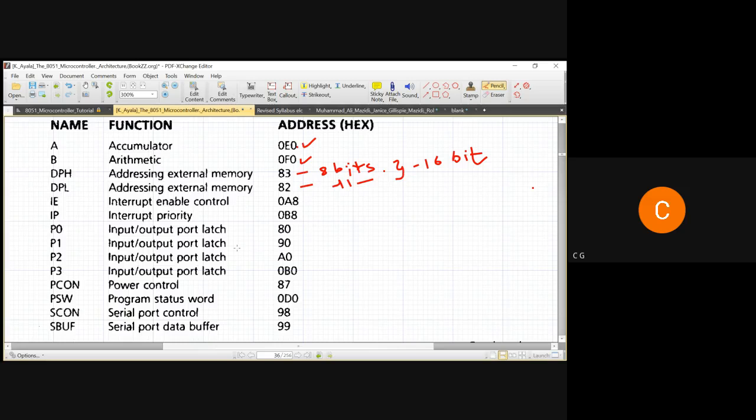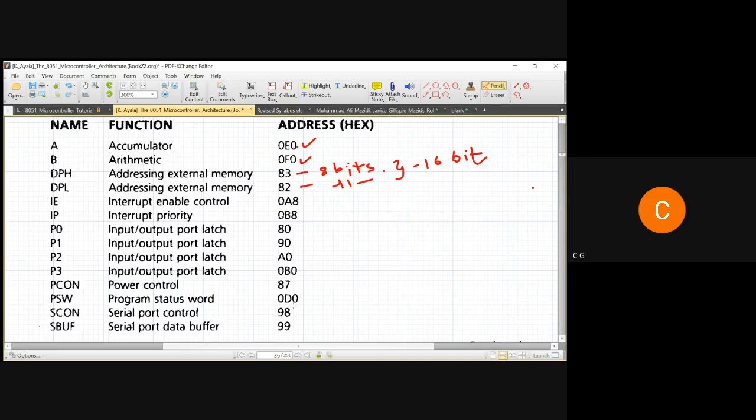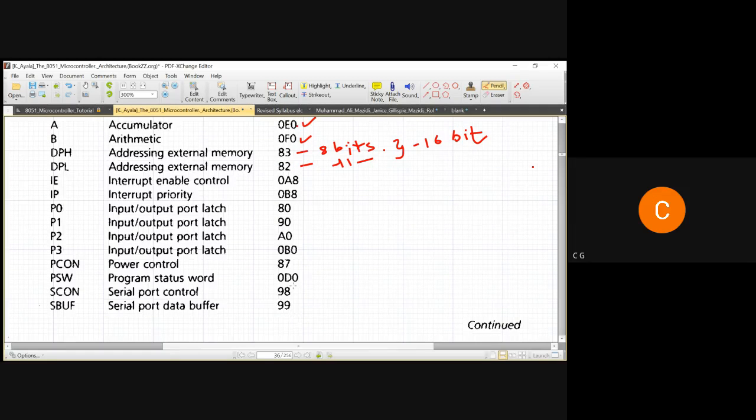Okay. Then we have the input output port latch. So this is P0, P1, P2, P3. These are at addresses 80, 90, A0, B0, right? When you are writing a program, either you write 0B0 or 0A0, whatever is the number assigned, you have to write according to that.